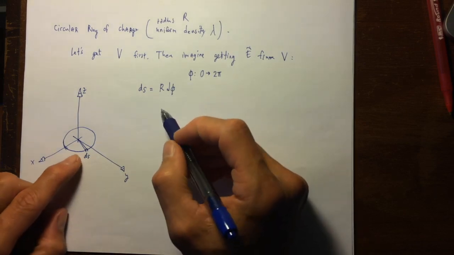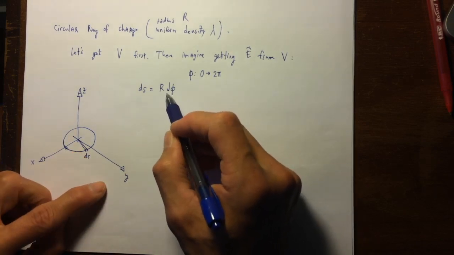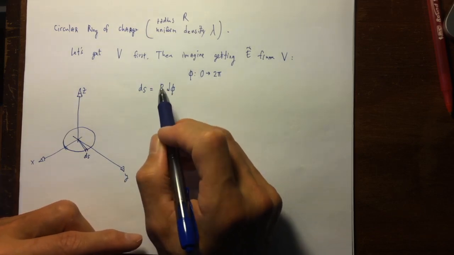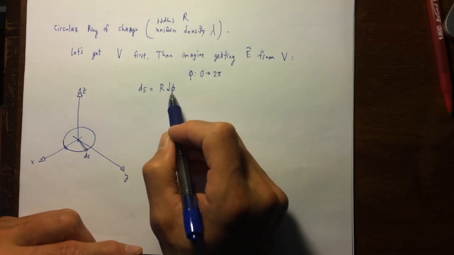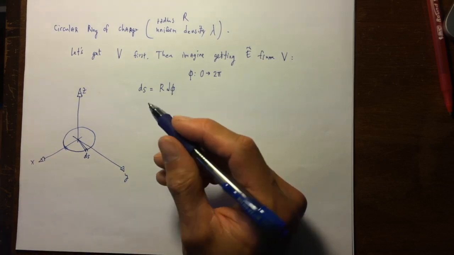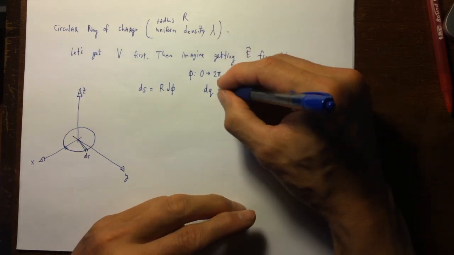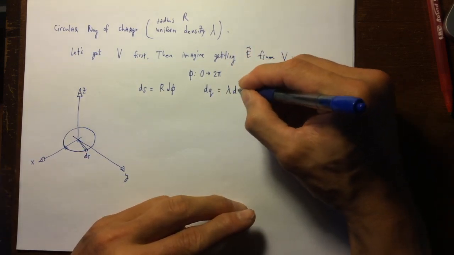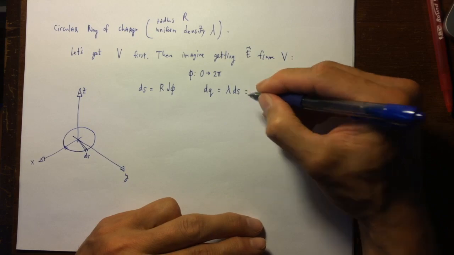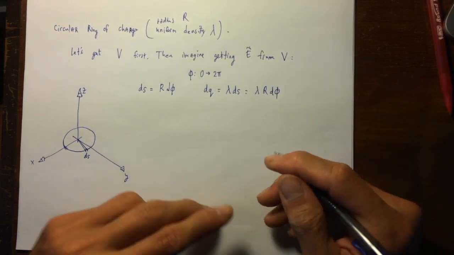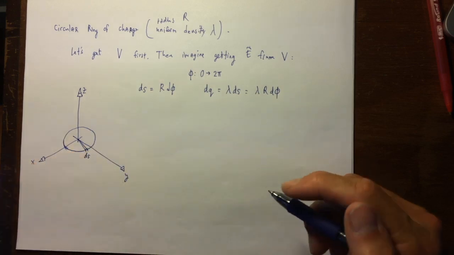So in the small angle d phi, there is an arc length at the radius r of r times d phi. So d phi is in radians. And the amount of charge that sits in that little arc length is equal to lambda times the arc length ds, which is lambda r d phi. So this is how I'll understand the little point charge.